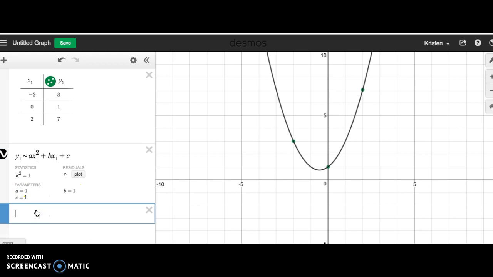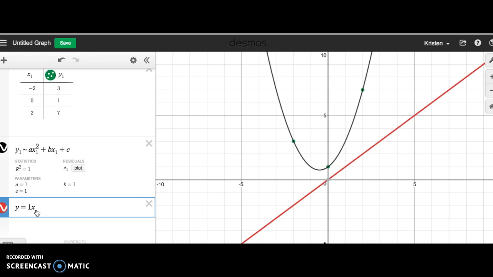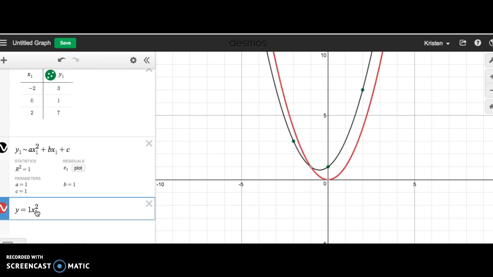So that means that our equation is y equals 1x squared plus 1x plus 1. And you can see that map perfectly over not only the points, but the regression that I made, as well as when I rewrote my equation, everything lines up perfectly.